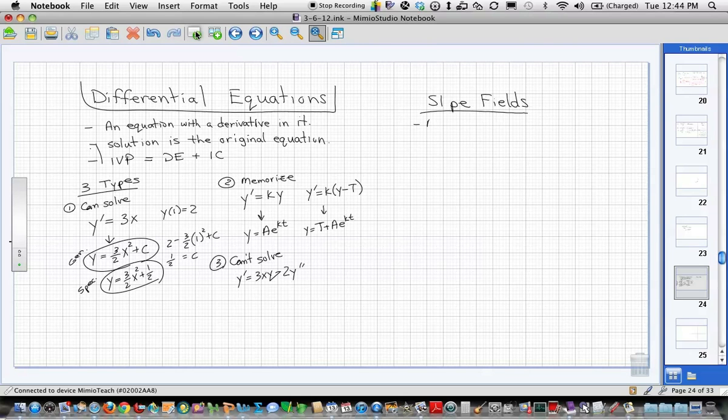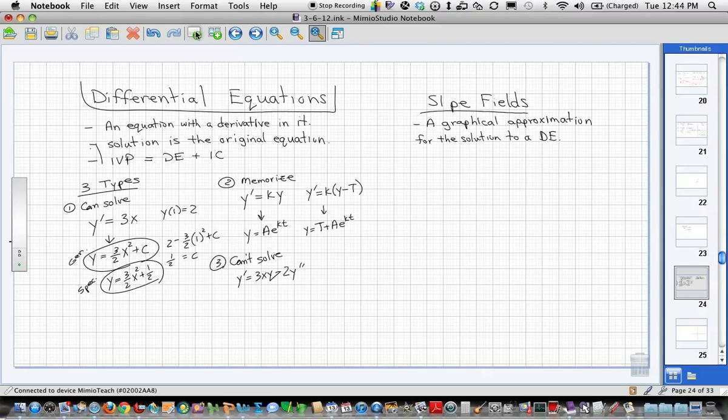Slope fields were a graphical approximation for the solution to a differential equation.